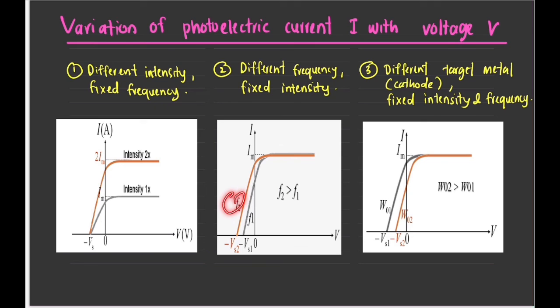The second frequency is high. The third case is for different target material cathodes, but the intensity and frequency of light are fixed. The current depends on the intensity, which is the same. Since the intensity is fixed, the saturated current also remains unchanged.